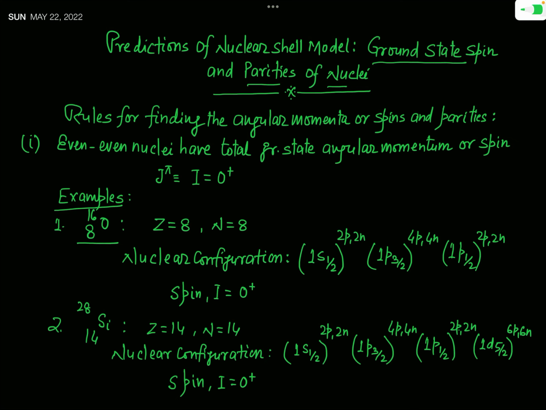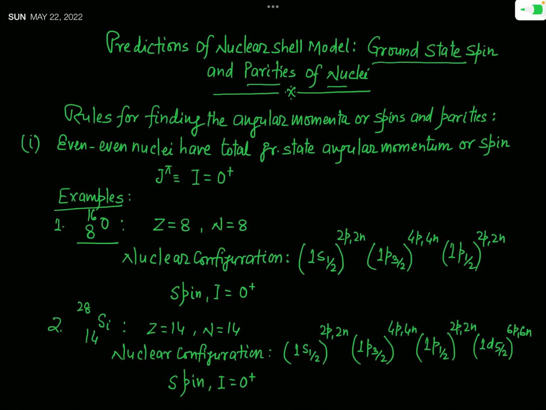In place of the term spin, you may also say total angular momentum. In fact, it has been seen that the nuclear shell model is very successful in predicting the ground state spin of a large number of nuclei.